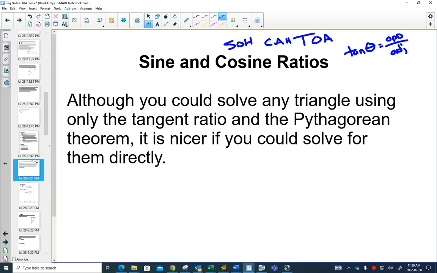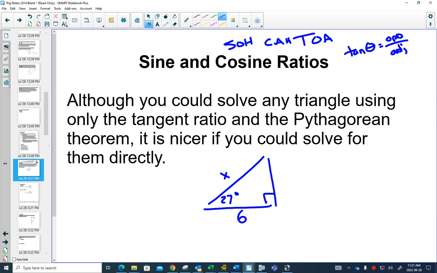So yes, we could get away with just tangent, because if I had this, for example, if I told you this was 27 degrees and this was 6, and I wanted to find x, you could use tangent.